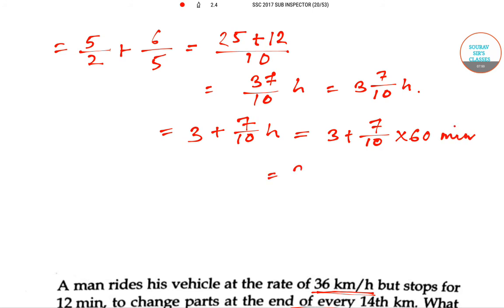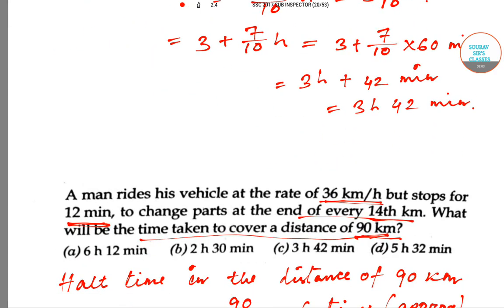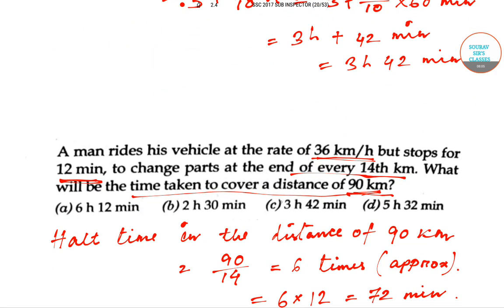This is 3 hour plus 42 minutes, equal to 3 hour 42 minutes. So the required time is 3 hour and 42 minutes. This is option C, the correct answer.